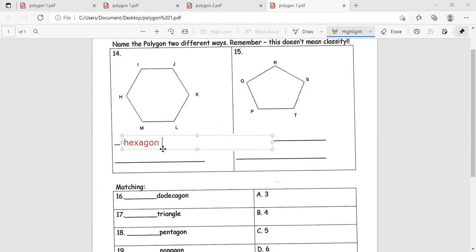And we can note whether the sides are the same or not. Yes, so we can say that this one is a regular polygon, a regular hexagon, right?